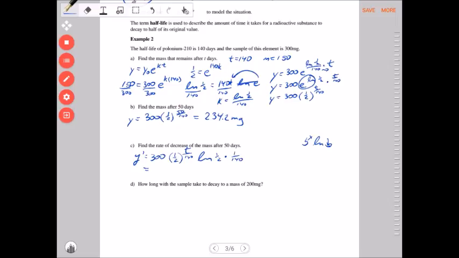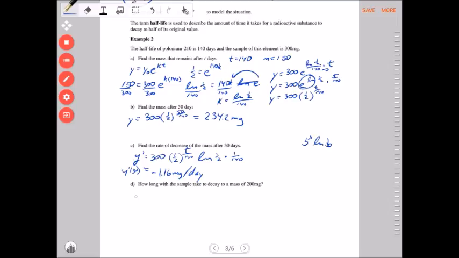When we type that in, we figure out y prime at 50, and we end up with negative 1.16 milligrams per day. Awesome.